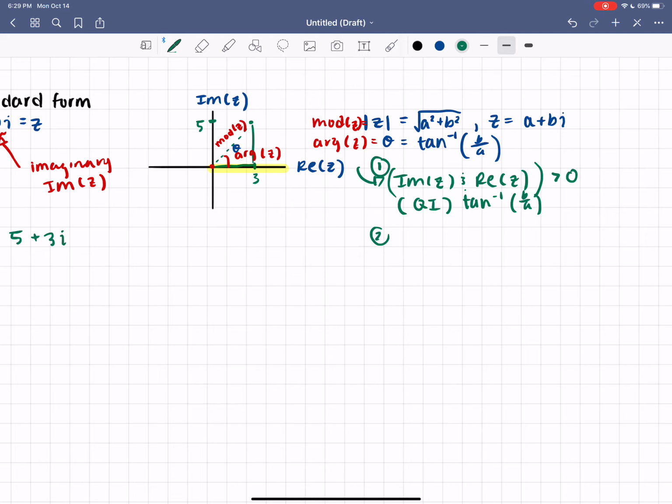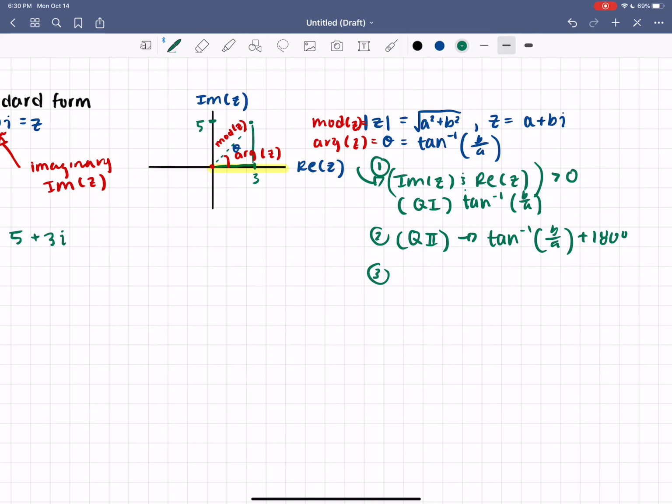Your second instance is when your imaginary number is positive, but your real number is negative. And so this would mean your point falls in quadrant 2. And in quadrant 2, your argument is equal to tan^-1 of b over a, except now you add 180 degrees.